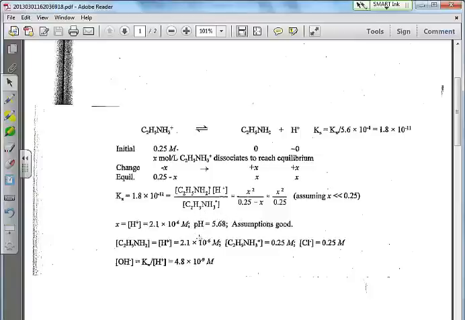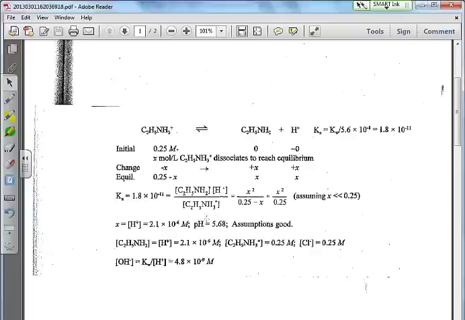It wants to know the concentrations of all of the species, so we need to go backwards and look at our concentrations on these. Our hydrogen ion as well as our weak acid are going to have the same concentration.